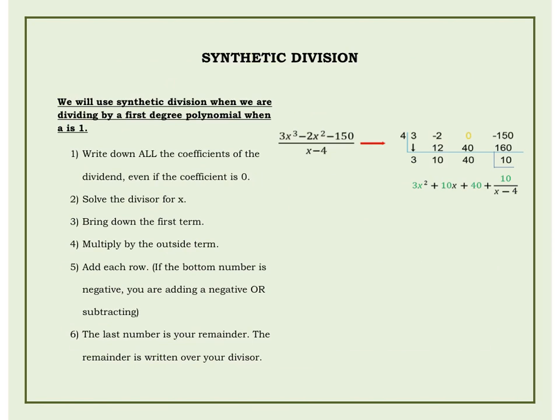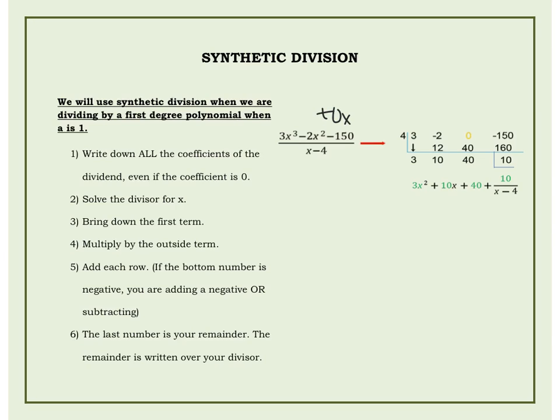Okay. So here are all the steps for synthetic division. I would write these down if you need them. We're going to start off with writing down all the coefficients of the dividend, even if the coefficient is 0. So in this case, we have a 3x cubed, a negative 2x squared. But how many x's do we have? We have 0 x's.